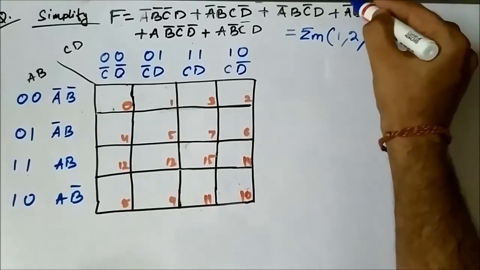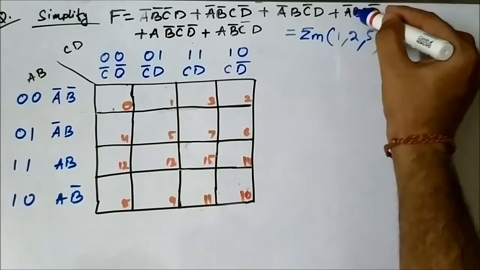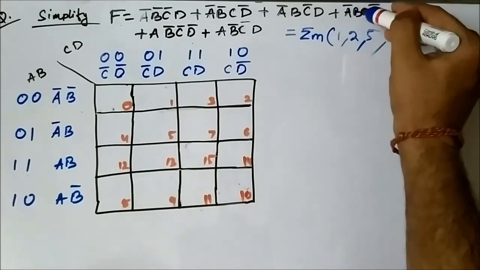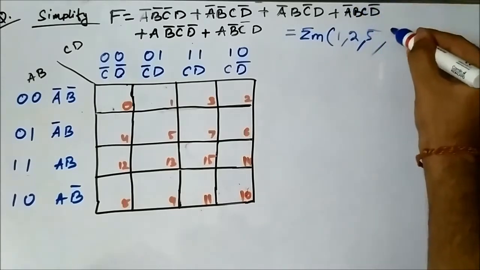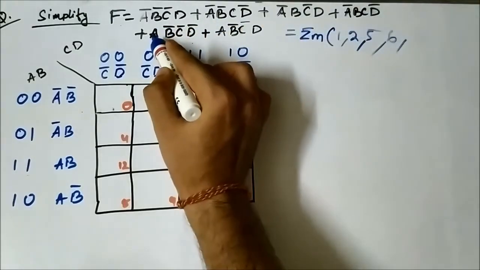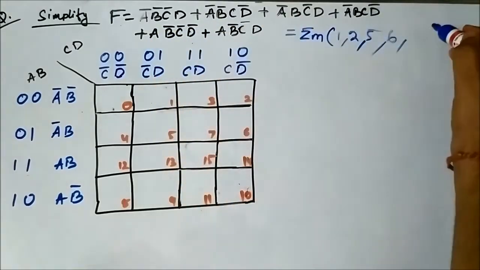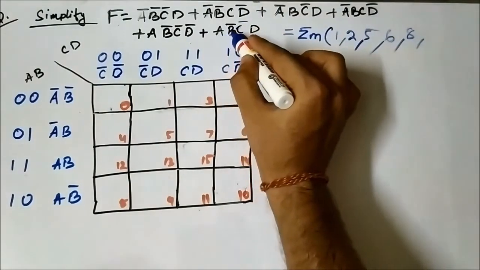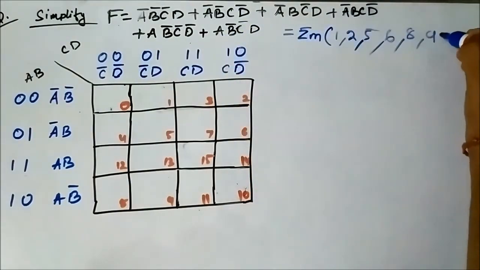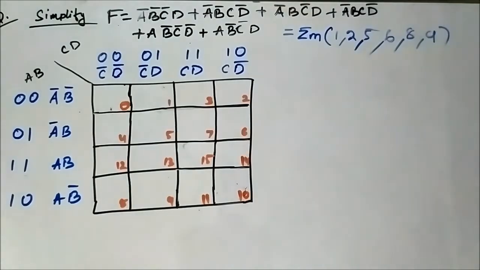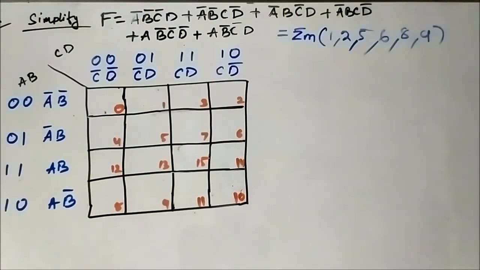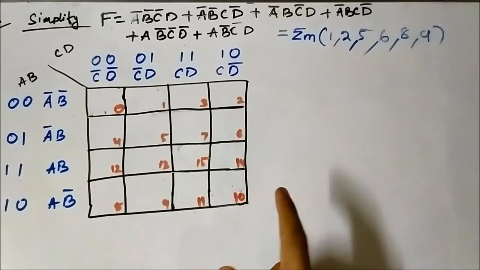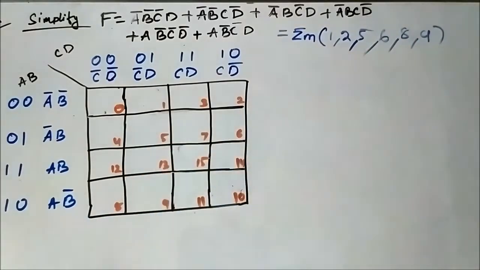This is A bar, B, 0110, this is 6. This is 1000, so it is 8, and this is 1001, so it is 9. Now we have to mark the respective cells as 1 in this 4-variable K-map.